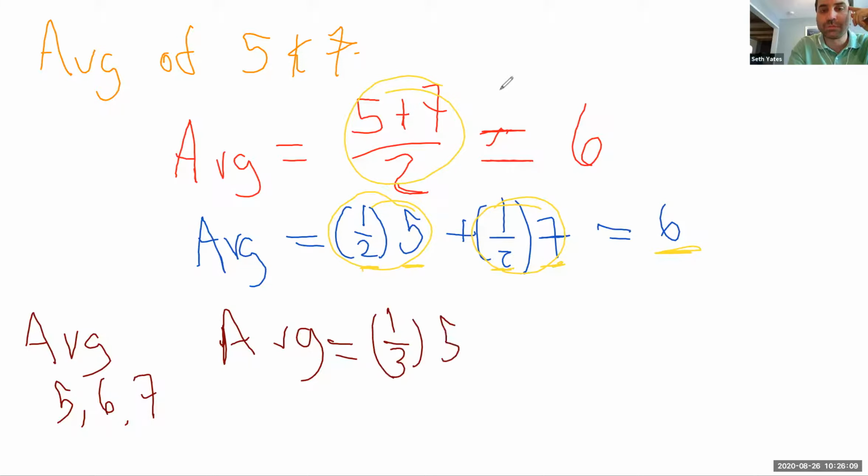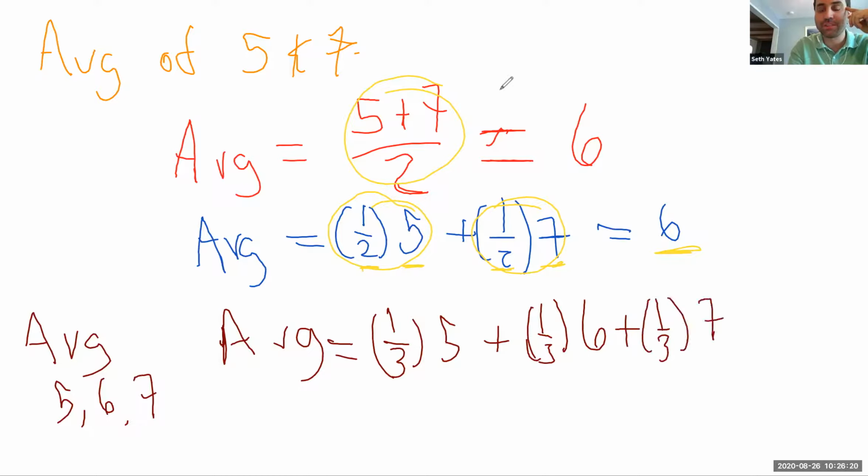So 1/3 times 5 plus 1/3 times 6 plus 1/3 times 7 would give you your average. Each one is contributed by 1/3, so 1/3 of 5 plus 1/3 of 6 plus 1/3 of 7 would add up to our overall average.